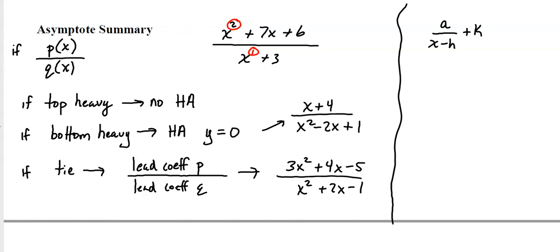Well, if that's the scenario, I'm like, well, wait a minute. I got a tie. All right, here's the tie. The 2 tells me that we're in a tie right now. So all we're going to focus on are the lead coefficients. And I have a 3 and I have a 1. So that fraction right there, 3 over 1, is going to tell me that I'm going to have a horizontal asymptote at the line y equals 3.